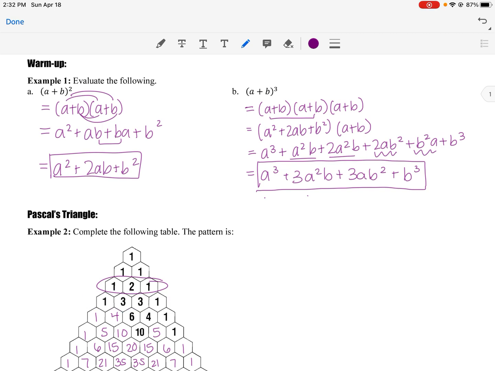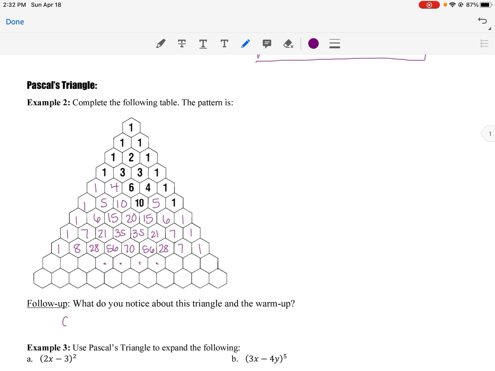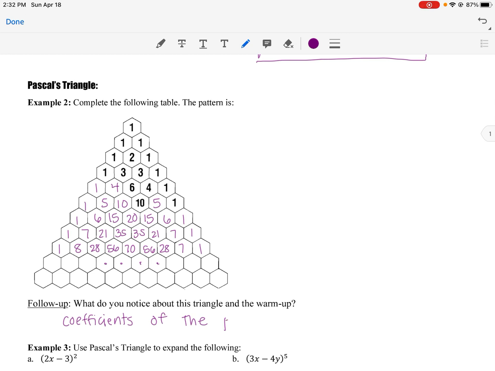All of a sudden you'll see that the coefficients of the polynomial from our warm-up match a row of the triangle.